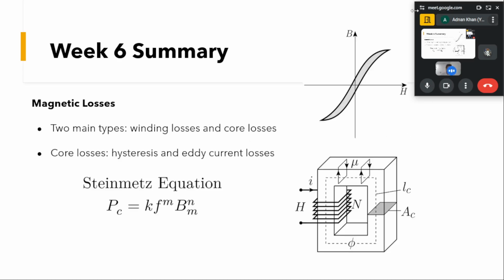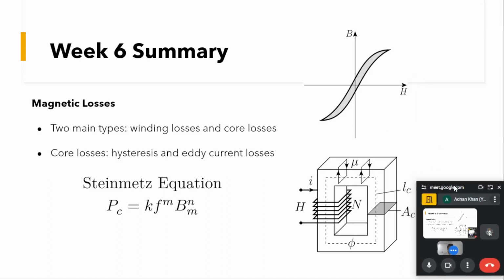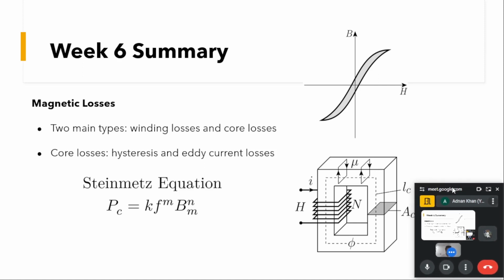So first, in the core loss we have two main losses: hysteresis loss and eddy current losses. So what is this hysteresis loss? As you know, we have a varying flux and a varying flux density, and that will vary.